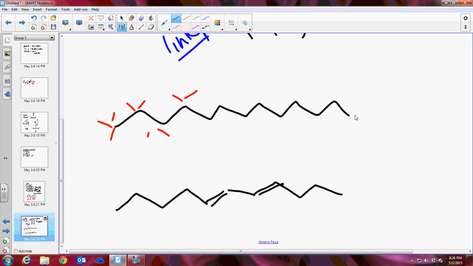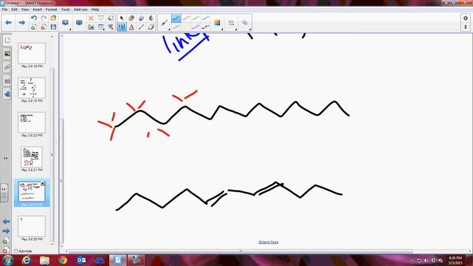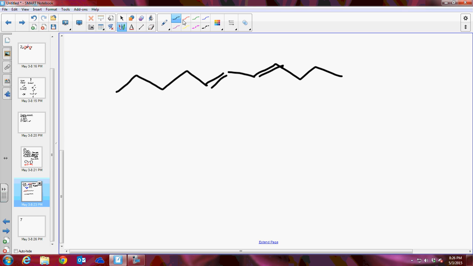Hydrogenated fats, or trans fats, these are the dangerous ones. These are the ones where they purposefully put hydrogen into them, and it makes them solid at room temperature, like margarine is an example of this. And another important lipid, obviously one that we've talked a lot about, is something called a phospholipid.